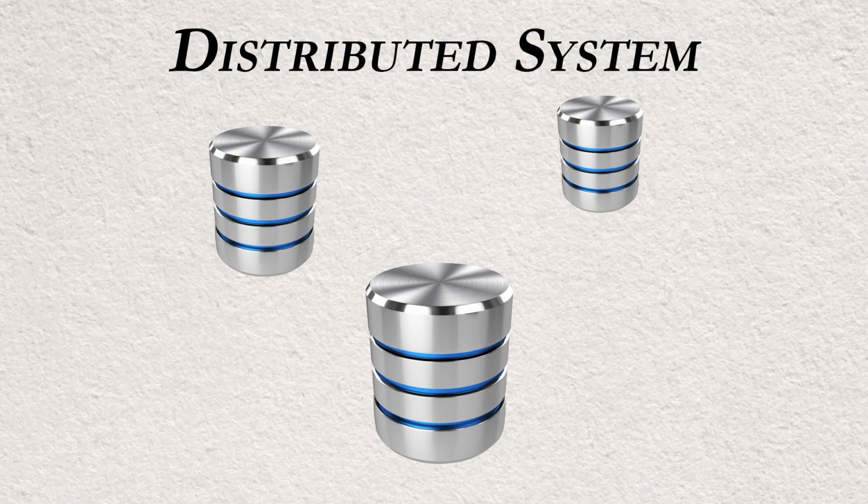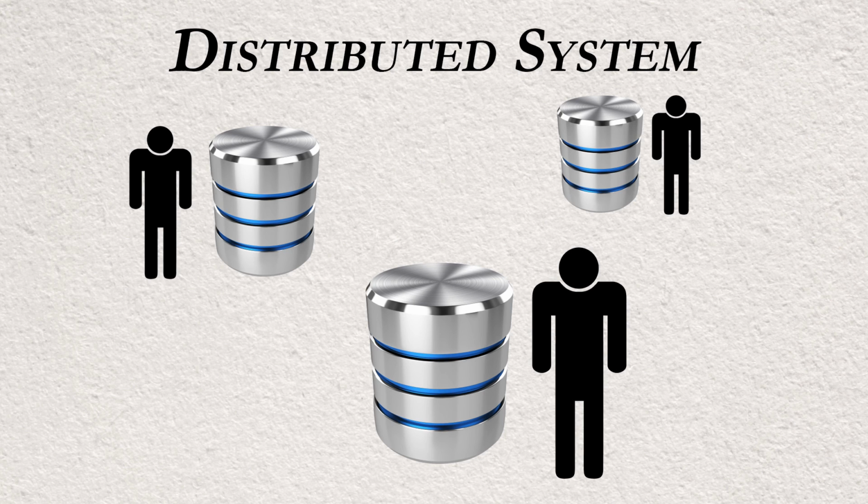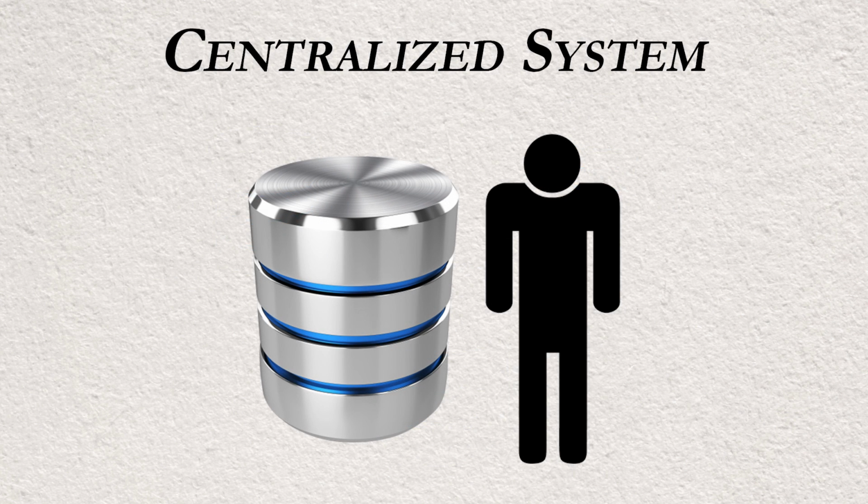In a distributed system, there will be multiple such persons or parties, one at each site. However, in a centralized system, there will only be one such party at that one central site. Therefore, establishing trust or confidence in a distributed system is much more difficult than in a centralized system.